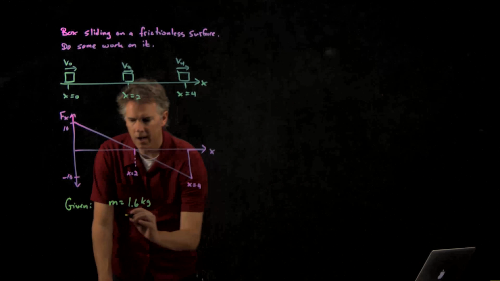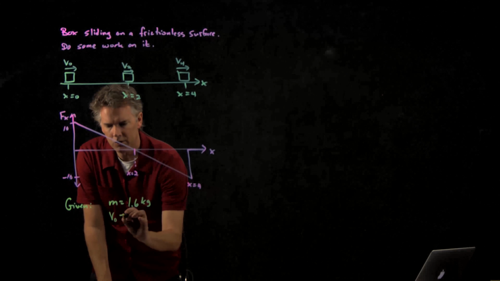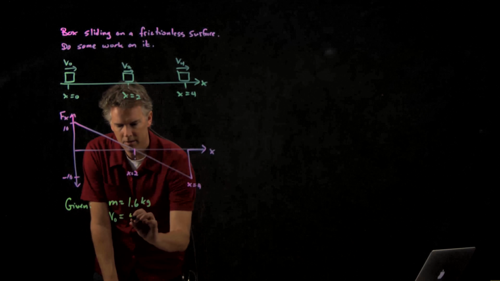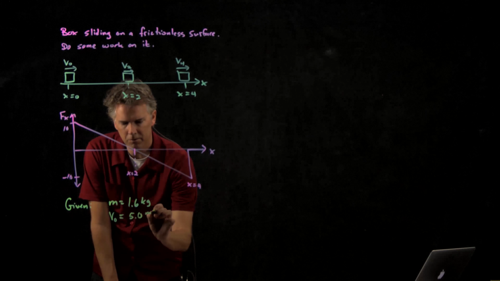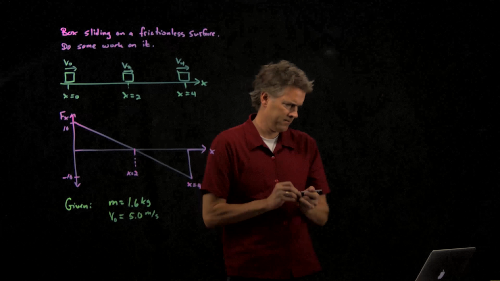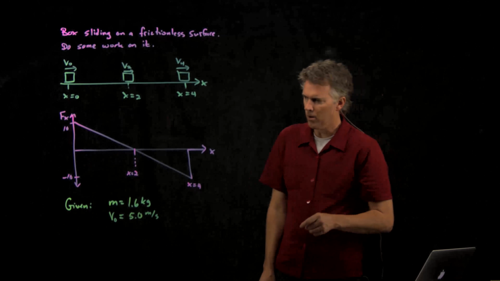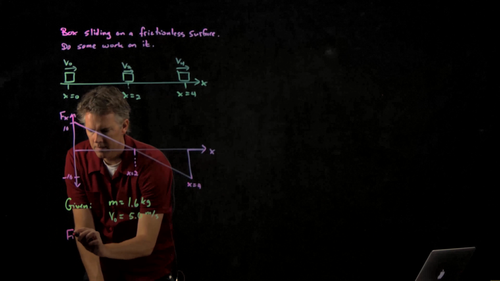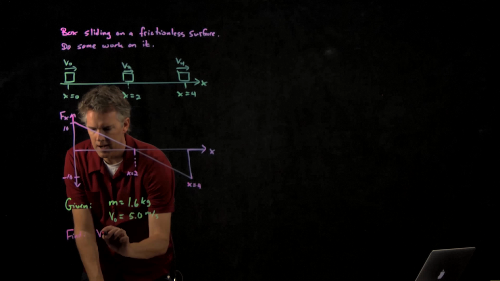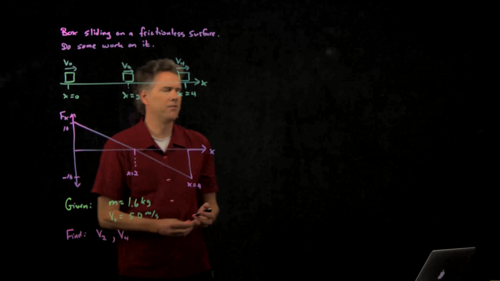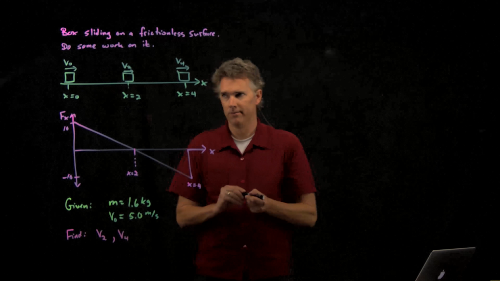And then they also give us the velocity initially, so v naught is 5 meters per second. What we're looking for is the velocity at x equals 2 and the velocity at x equals 4.